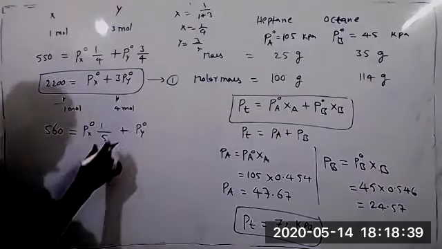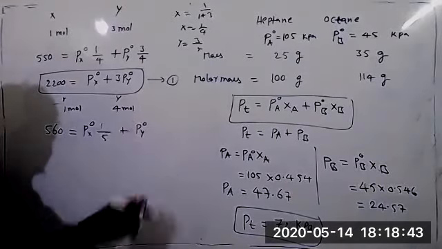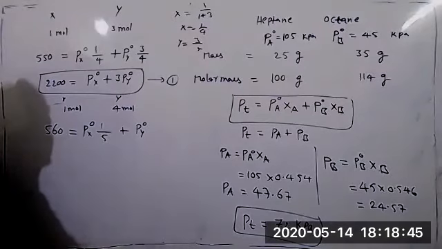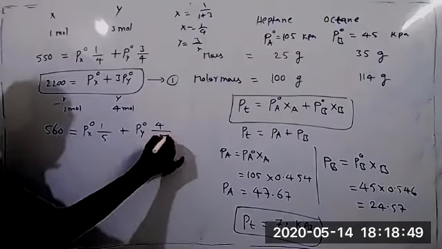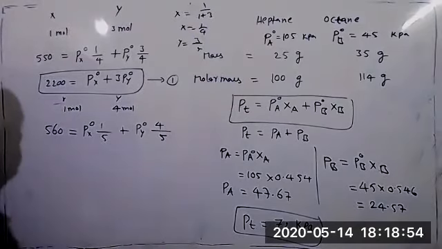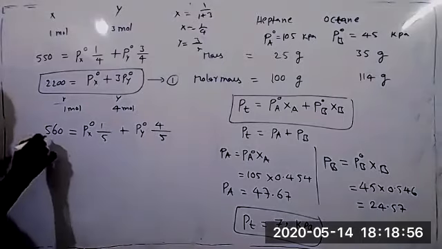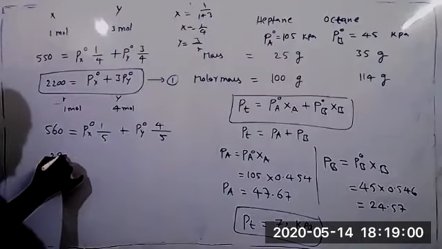Py power 0. Mole fraction of Y, how much? 4 moles divided by the total number of moles, 5. So here LCM is 5. 560 into 5 is 2800.